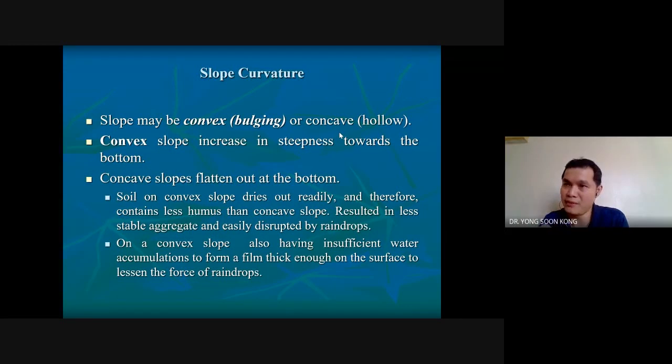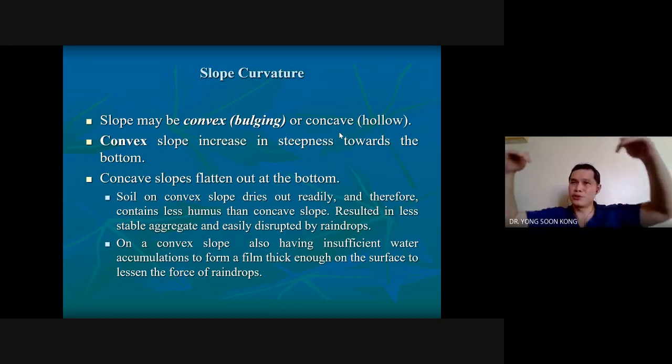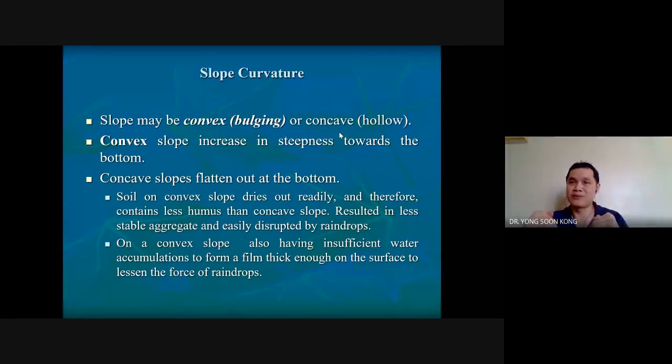Number two, when you have a thin film of water, it has enough moisture to have vegetation. See the difference? If you have moisture, it retains vegetation. Even though all the rainfall comes down to the same place, it's not going to have such severe erosion because there is enough surface cover, the vegetation, to help reduce erosion.